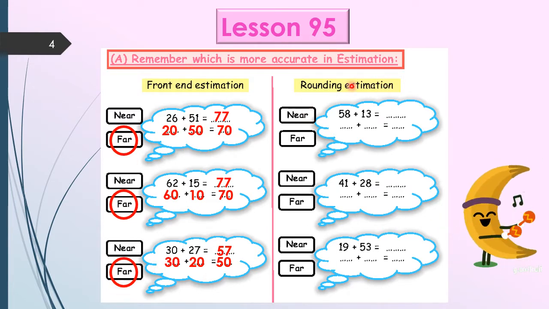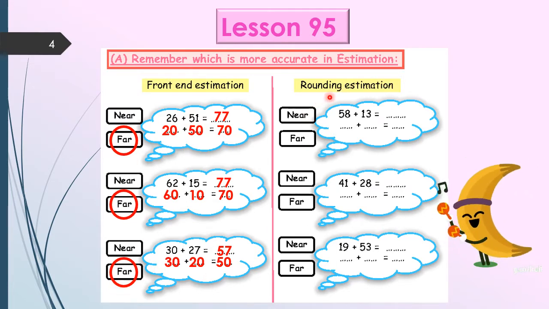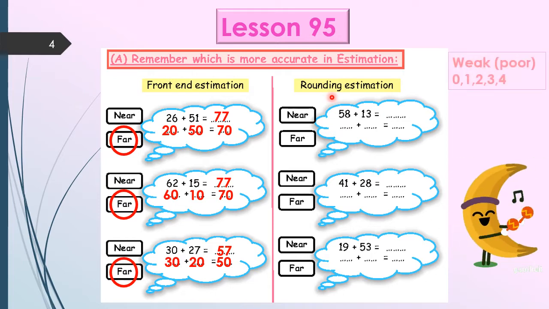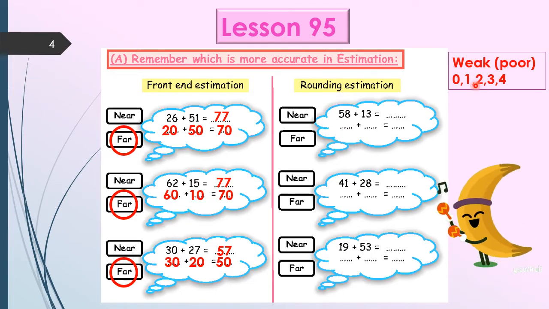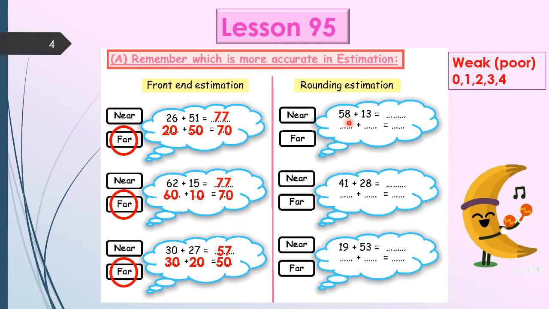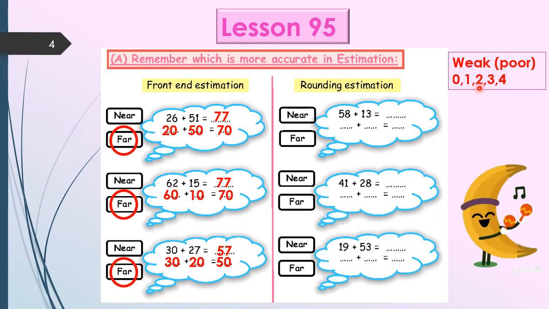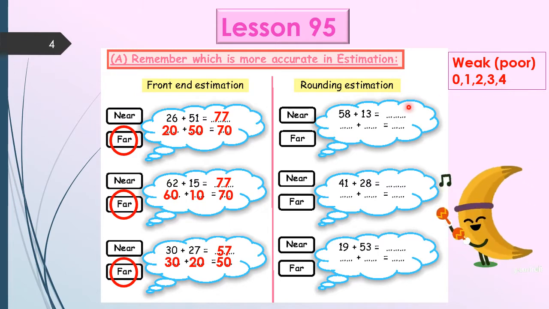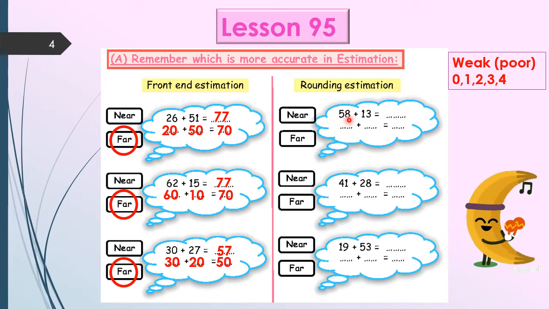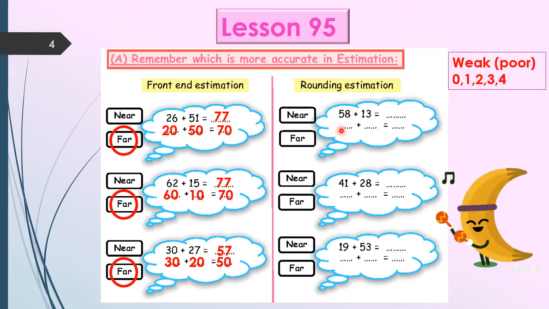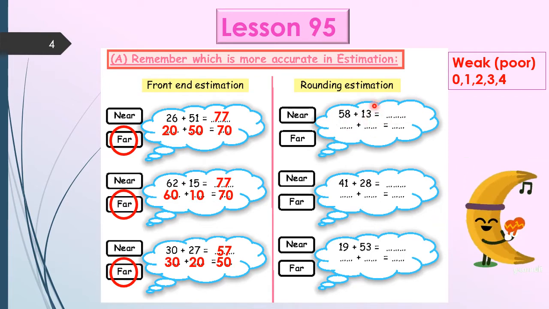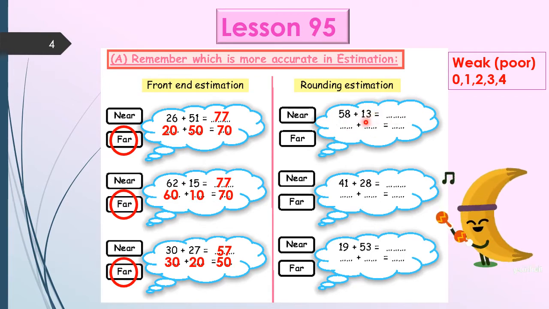Let's go to our rounding estimation and remember it. Rounding estimation means when I find weak or poor numbers like 0, 1, 2, 3, 4 in the ones place, then I will not add any number to our tens place. It will be the same tens place, like 13. It will be 10 as it is.